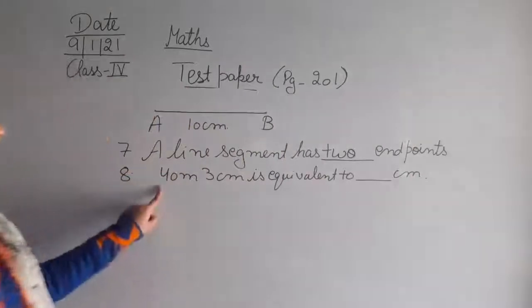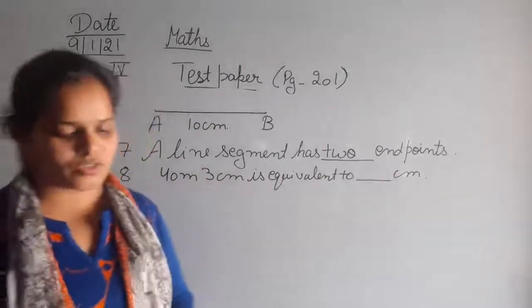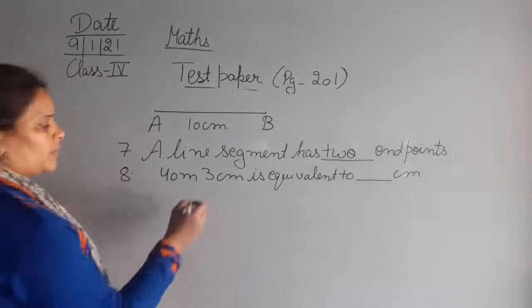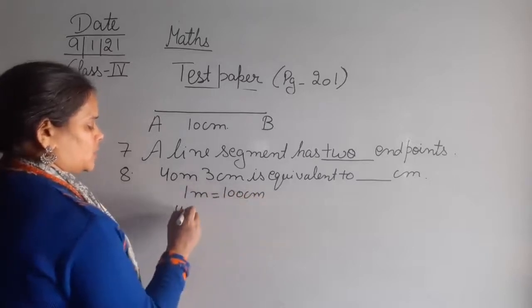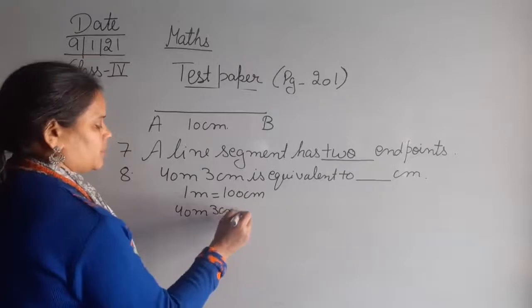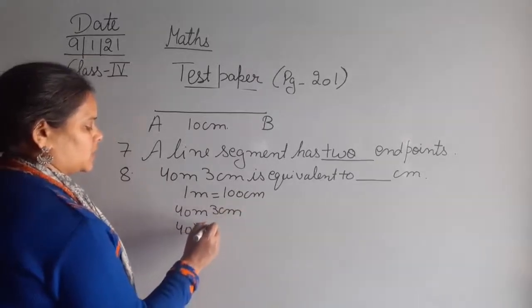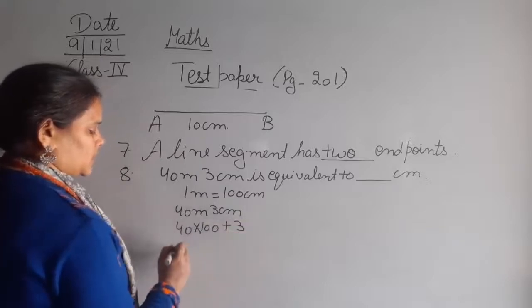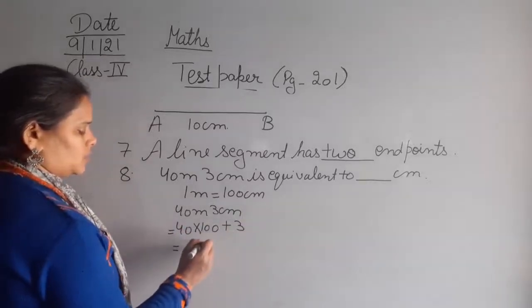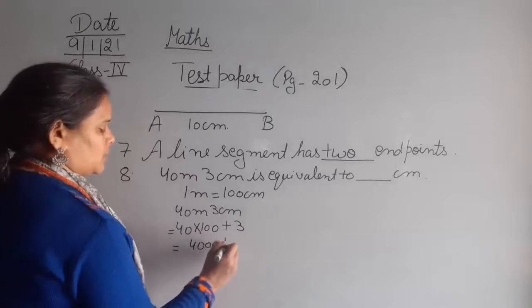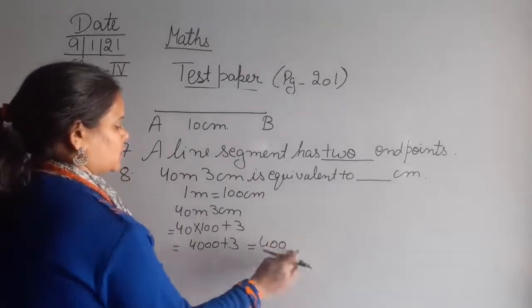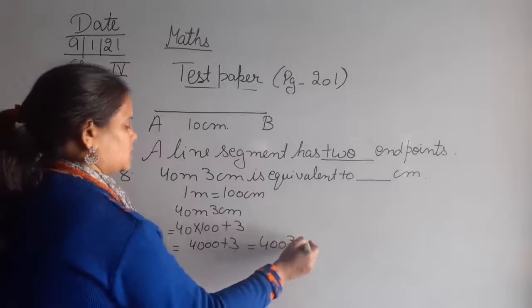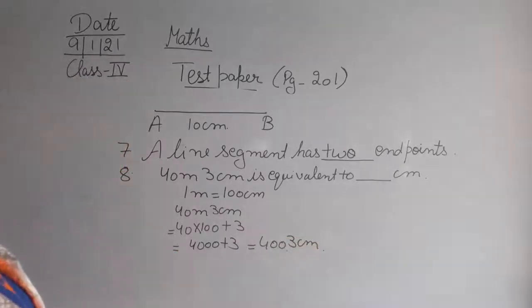So that means अगर हम 40 मीटर 3 सेंटीमीटर को सेंटीमीटर में चेंज करेंगे तो कितना आएगा? तो देखिए 1 meter is equal to 100 centimeter, 40 meter 3 centimeter. 40 multiplied by 100 plus 3, that is 4000 plus 3, that will be 4003 centimeter.